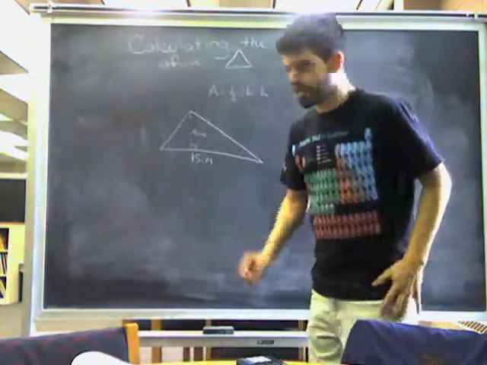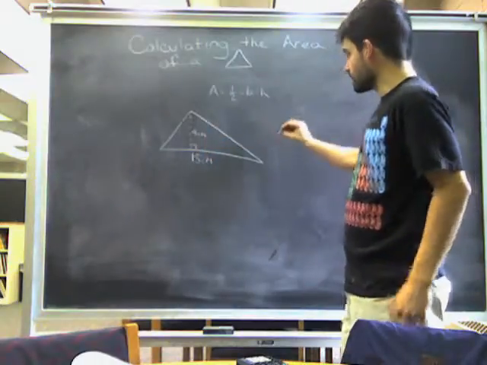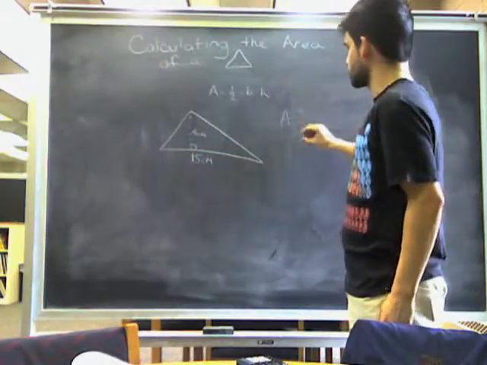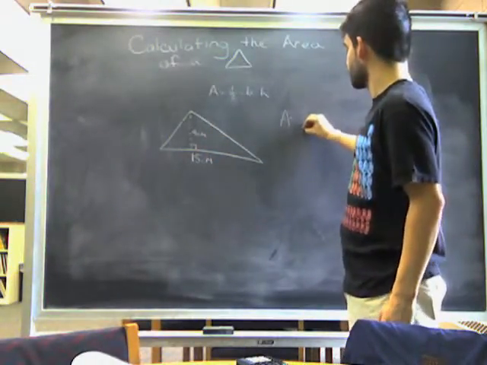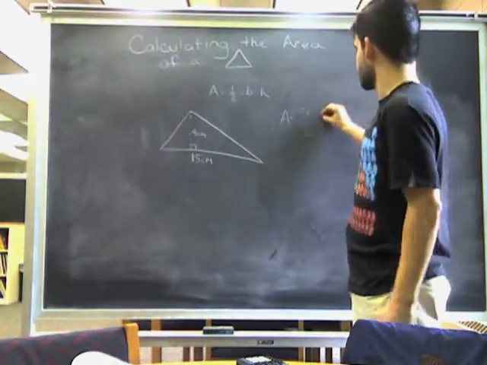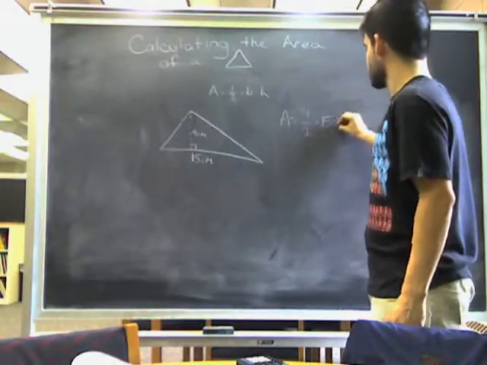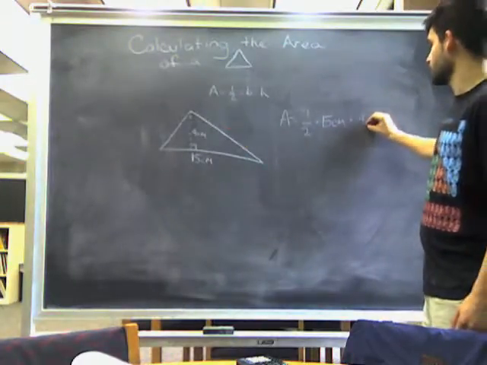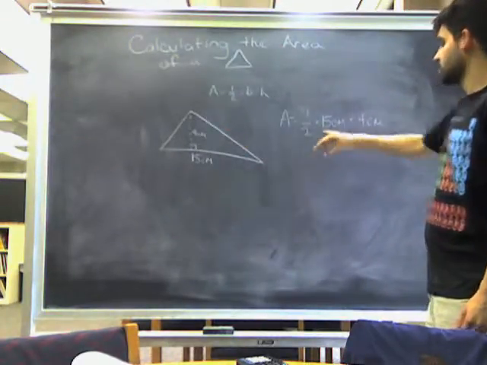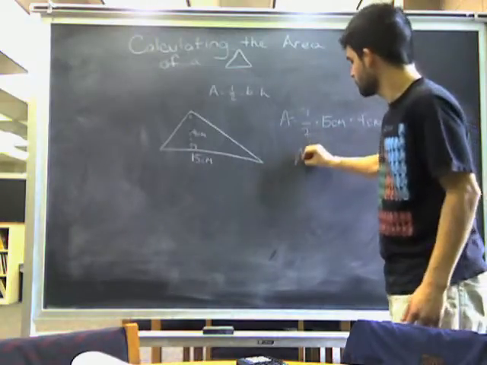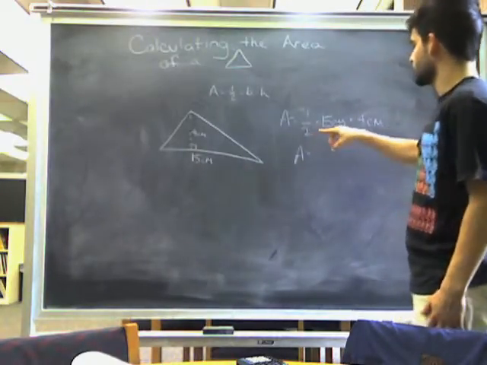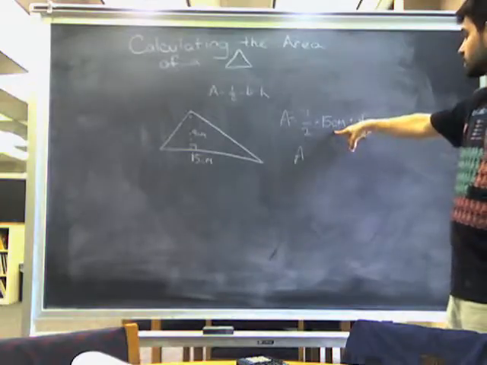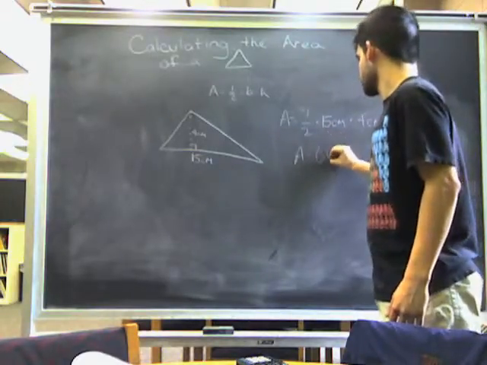So, using that information, area is going to equal 1/2 times the base, which is 15 centimeters, times 4 centimeters, which is our height. Okay? So 15 times 4 is 60 centimeters.